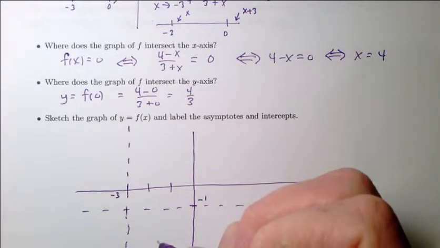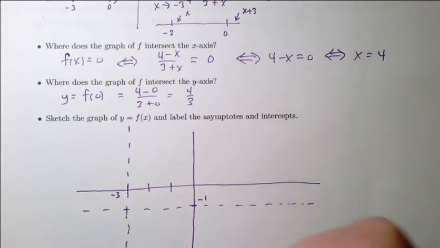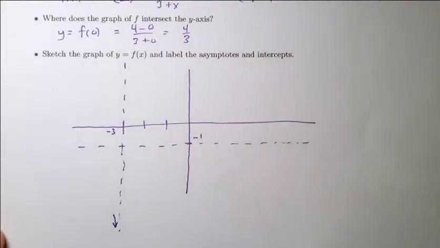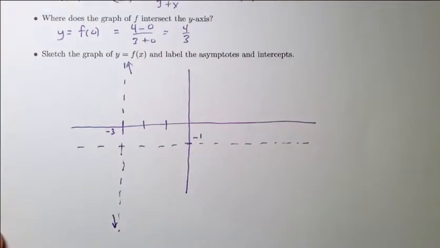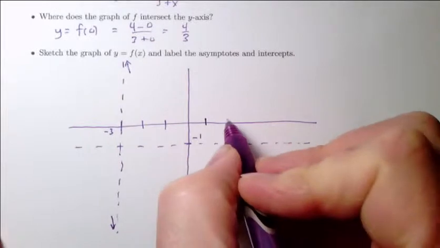To the left of -3, we're going to approach minus infinity, so we're going down. To the right of minus 3, we're going to approach plus infinity, so we have to increase towards plus infinity. We know we have an x-intercept over here at 4.